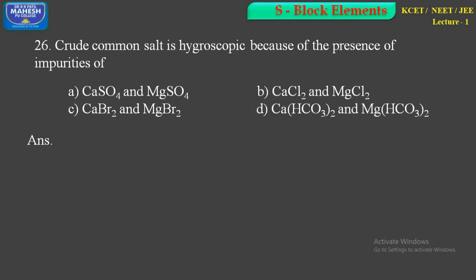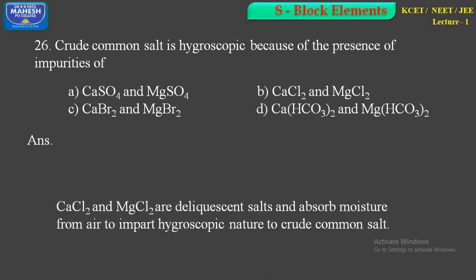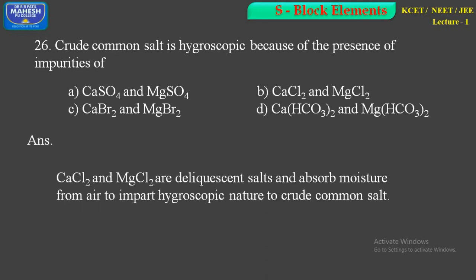As a result, both calcium chloride and magnesium chloride as impurities impart hygroscopic nature to the crude common salt. So with this, option B is the right answer. Calcium chloride and magnesium chloride as impurities.